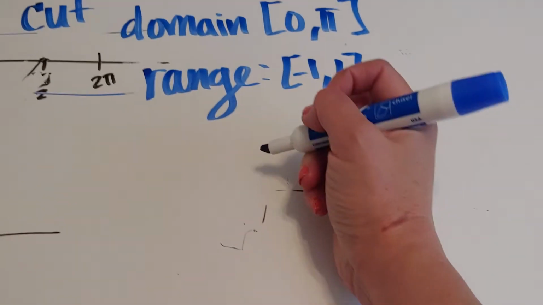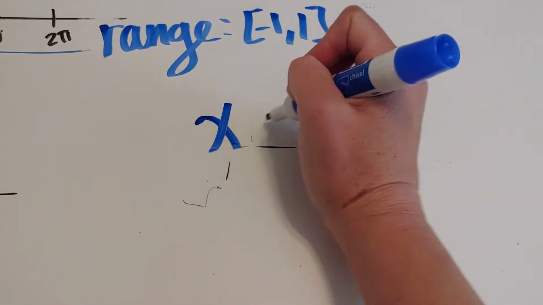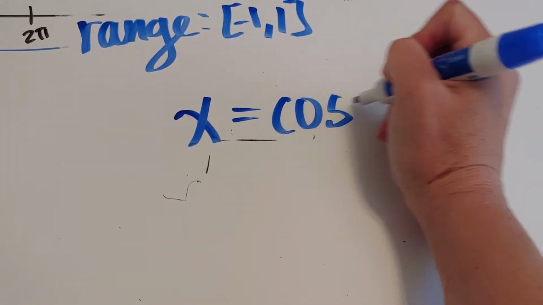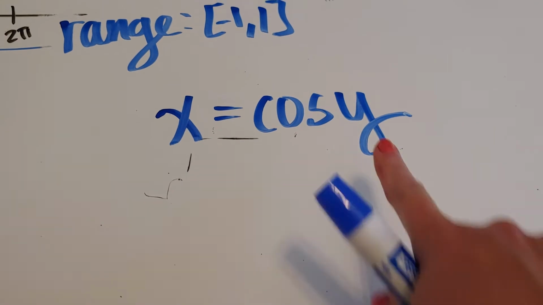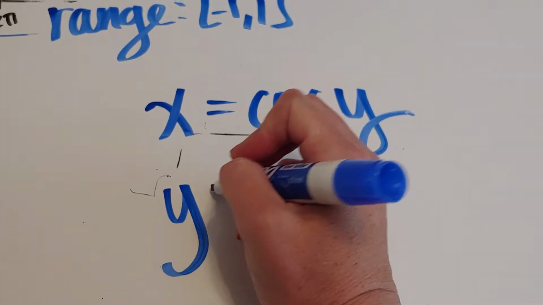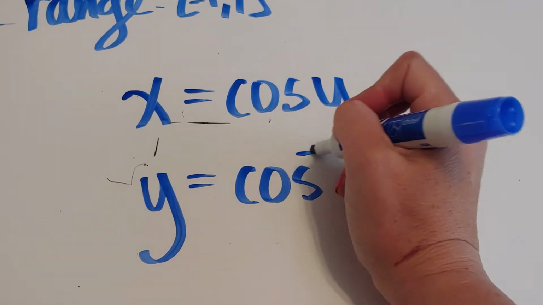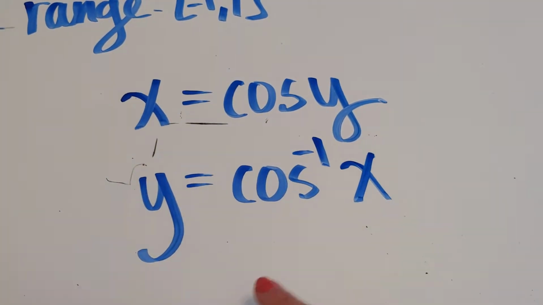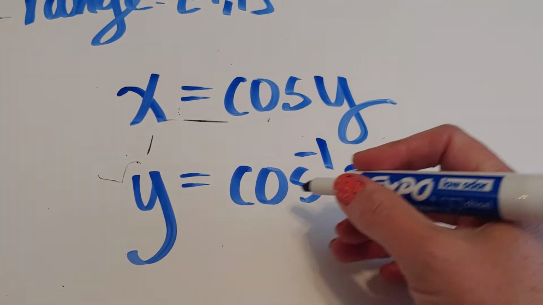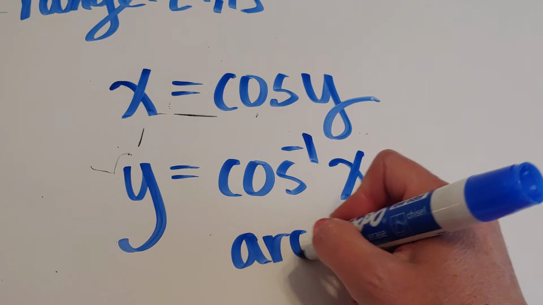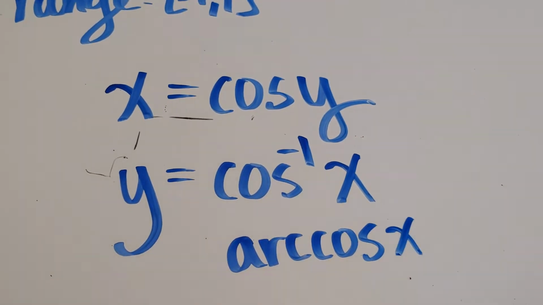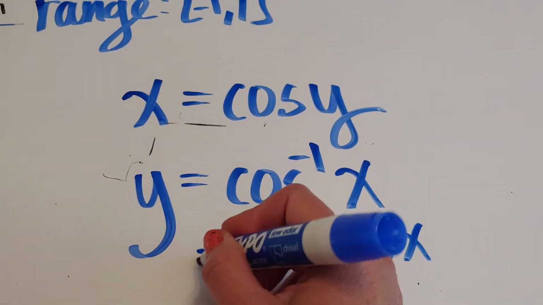When we have our inverse, we switch the x's and y's. And then to solve for y, mathematicians made up cosine inverse, that's how we read that, cosine inverse x. It's also arc cosine. Okay, so that means the same thing, arc cosine.